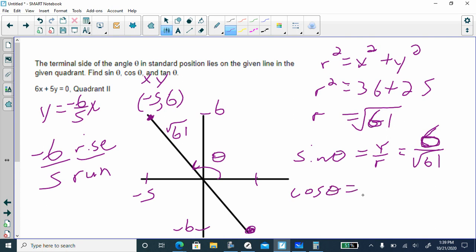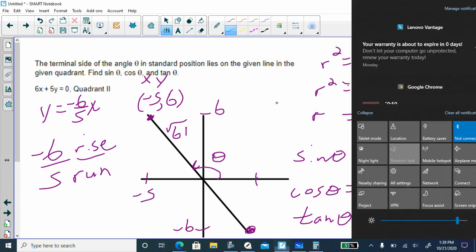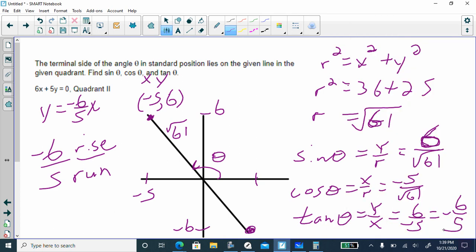Cosine is the x coordinate over r, so our x, we're to the left, so negative 5, and our r is root 61. And then tangent theta is y over x, so 6 over negative 5, or we could just call that negative 6/5. So that'll give us sine, cosine, and tangent for that particular direction.